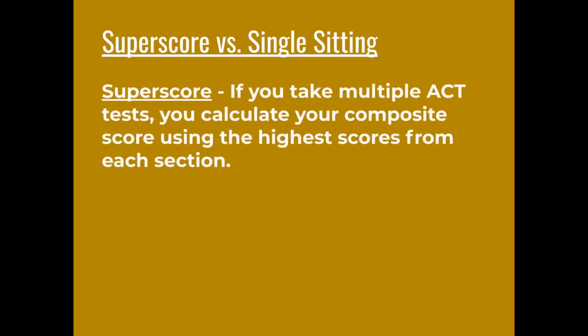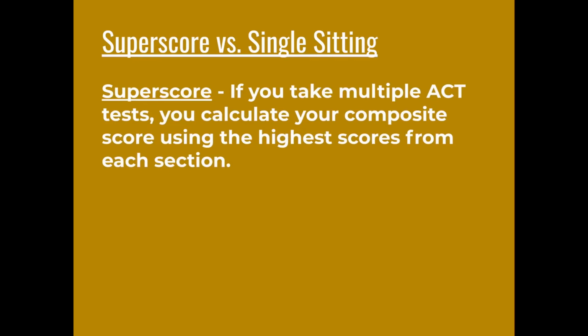For a super score, if you take multiple ACT tests, you calculate your composite score using the highest scores from each section. For example, let's say you take the ACT 3 times. The first time you score the highest on English, the second test you score the highest on science and math, and the last test you score the highest on reading.